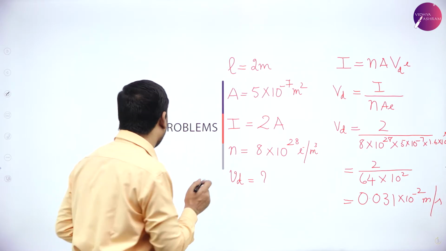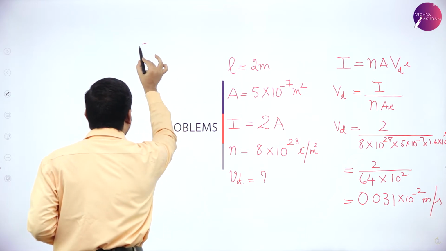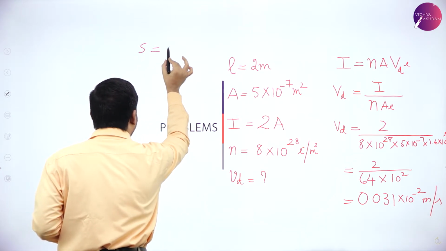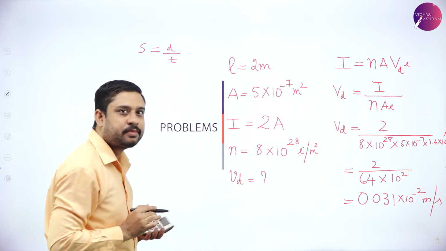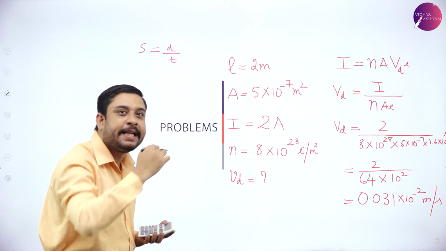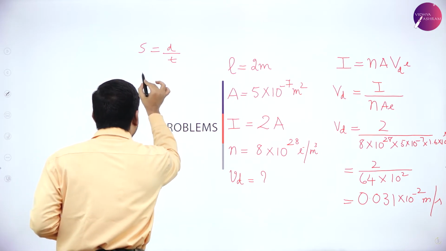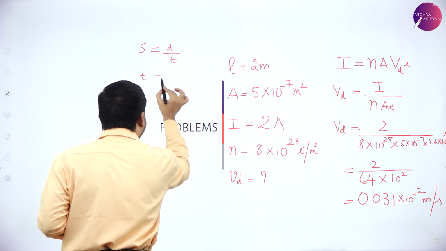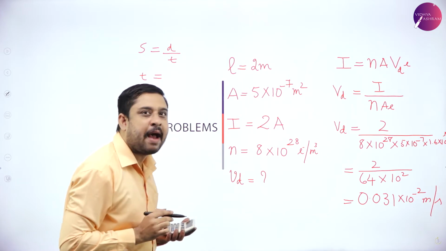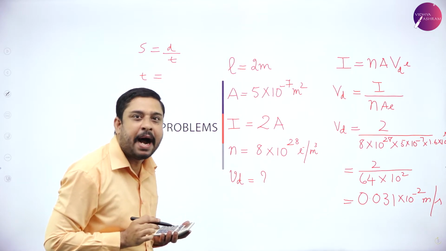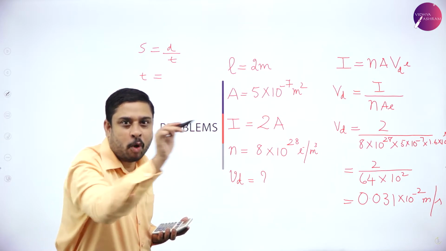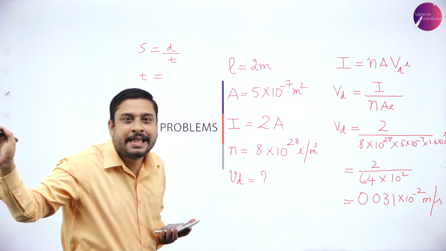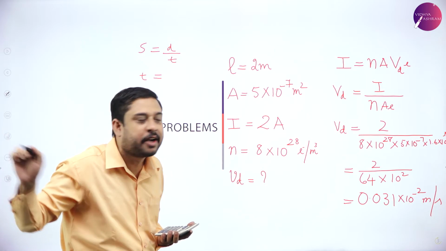Very much we know, speed is nothing but distance by time. Applying here, time equals distance traveled, which is nothing but the length of the wire. 2 meter length is what the electrons have to cover.